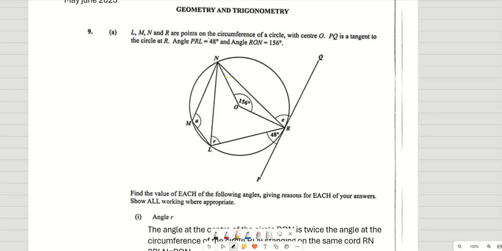Now we know that because OR is our radius and PQ is a tangent, that angle intersects at 90 degrees. So this is a whole 90 degrees. So therefore our yellow angle and angle E would make 90 degrees. So from that, let's just go to the question.